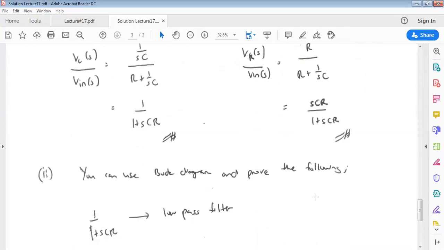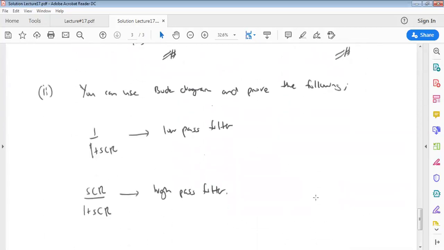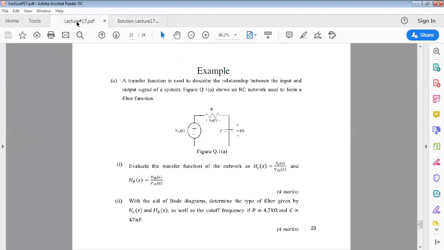Next part of this is, with the Bode diagram, determine the filter type for H_C(s) and H_R(s), as well as the cutoff frequency if R is 4.7k and C is 47n.